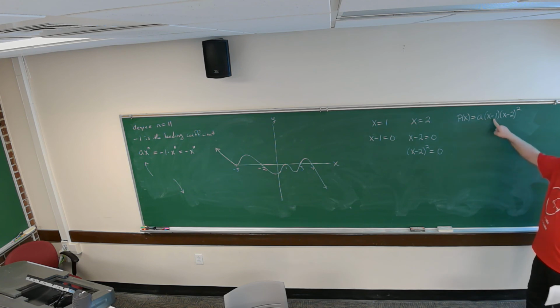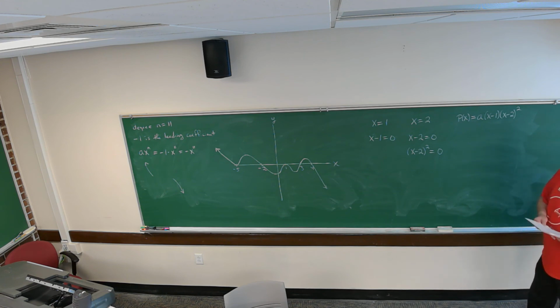So you can see our polynomial has a 0 or an x-intercept at x equals 1, and it has an x-intercept at x equals 2. The 0 at x equals 1 has a multiplicity of 1. And the 0 at x equals 2 has a multiplicity of 2. And then we have the unknown leading coefficient.